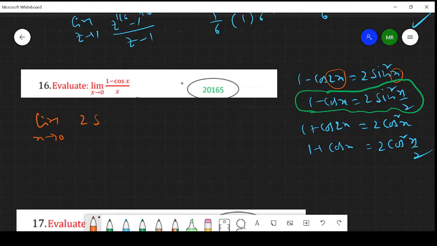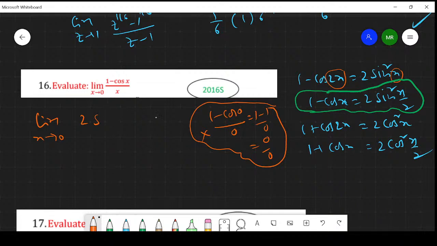If we substitute the limit, 1 minus cos 0 by 0, that is 1 minus 1 by 0, it comes 0 by 0. We don't want this. Cos 0 is 1. That is the reason we can't substitute the limit directly. If it comes 0 by 0, then we should change the procedure to solve the problem.